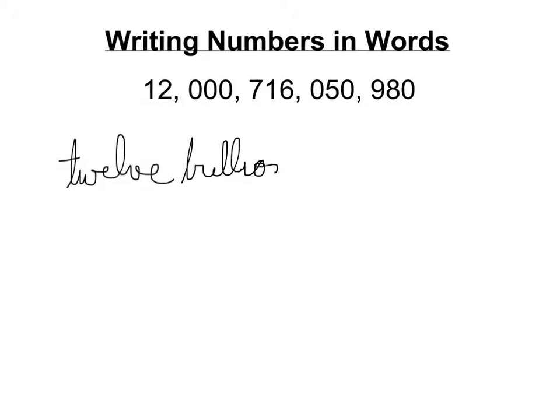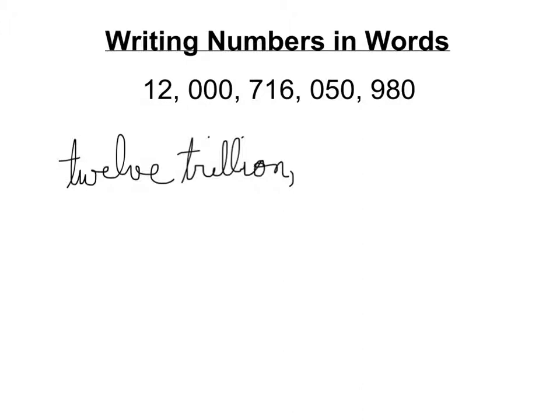trillion. And just as I separated the groups with commas here, I'm going to use a comma in my writing as well. The next group is the billions, but there's nothing there, so it's not really worth mentioning. So we're going to skip it.